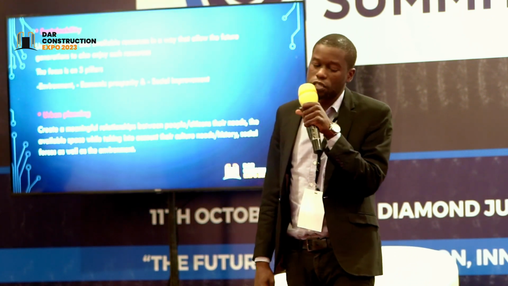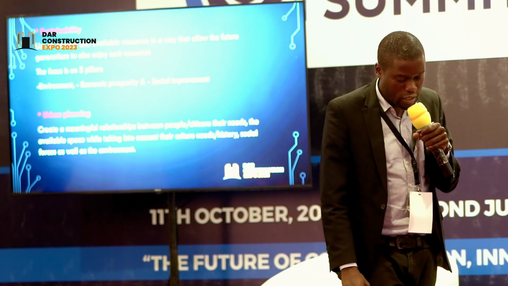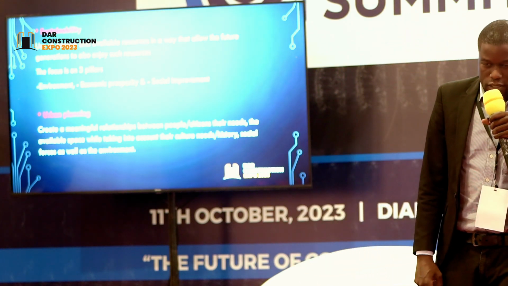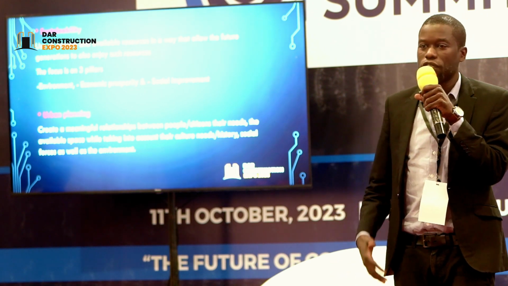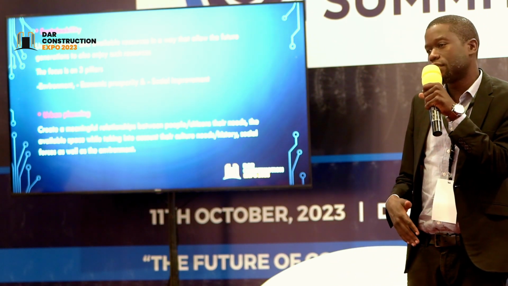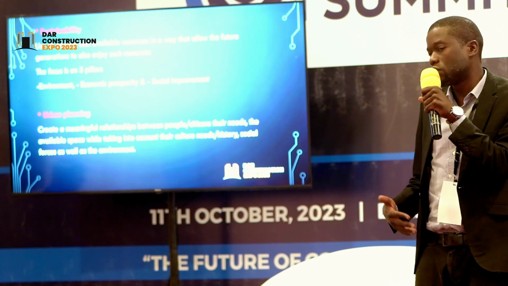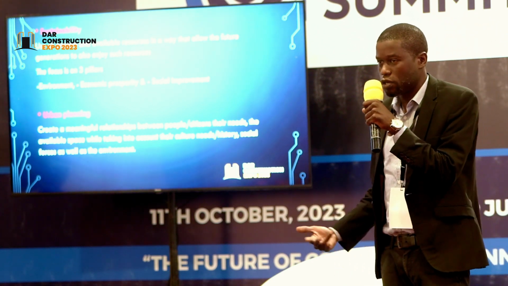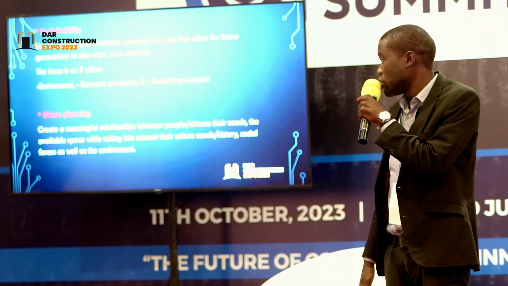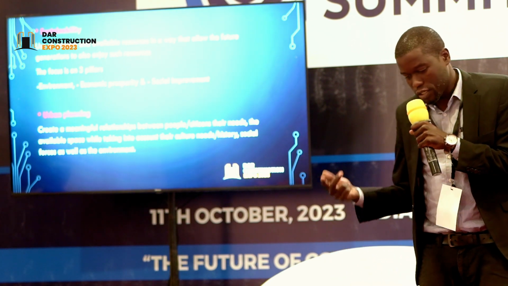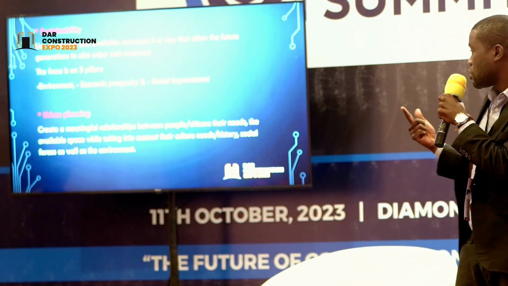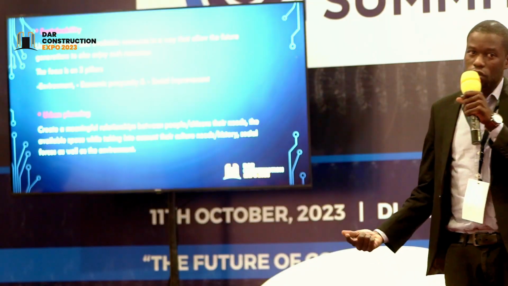When you talk about smart city planning, we also have to consider sustainability. Sustainability is normally the use of current resources in a way that future generations can also enjoy the resources that you're using right now. When you talk about sustainability, you talk about the environment, the technology, and also social improvement and economic.